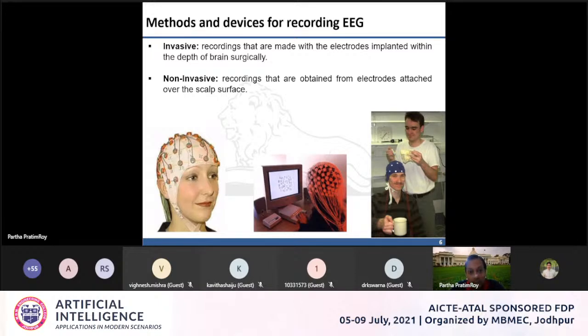When we work non-invasively, using a head scalp cap with electrodes to get the signals, they are affected by environment noise, and sometimes the signals are not captured properly. These are called non-invasive, meaning we do not implant. It is just a scalp cap, and we record the signals through those electrodes.